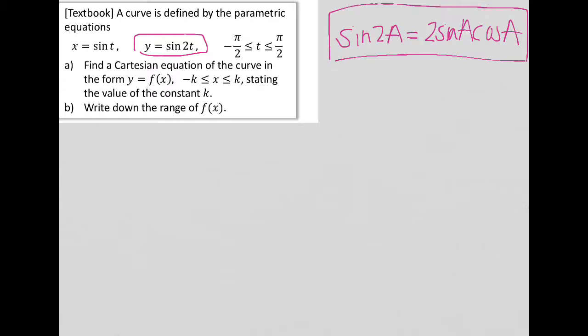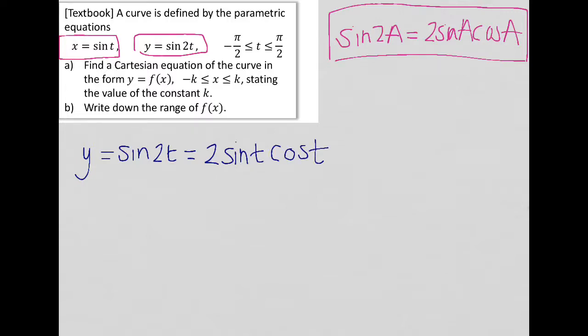when we look to find our Cartesian equation, this might be relevant because here I've got x equals sine t and y equals sine 2t. So y equals sine 2t, and using the identity, that's the same as 2 sine t cos t.